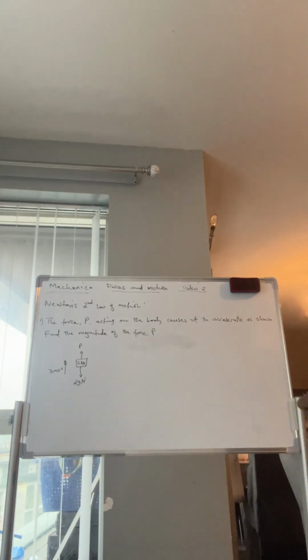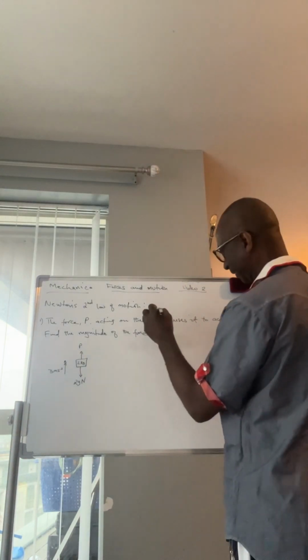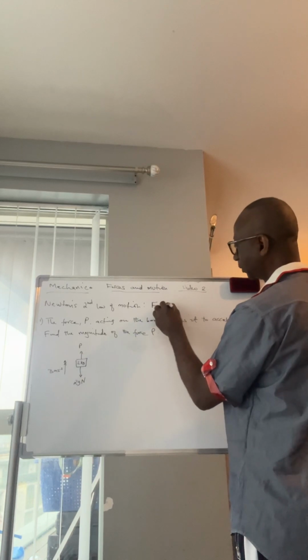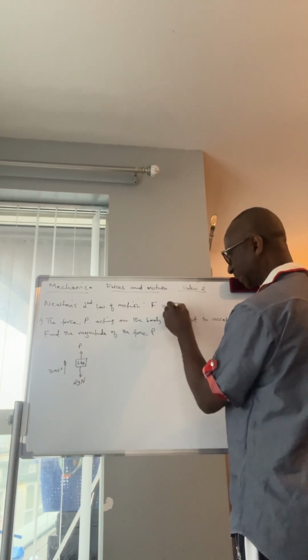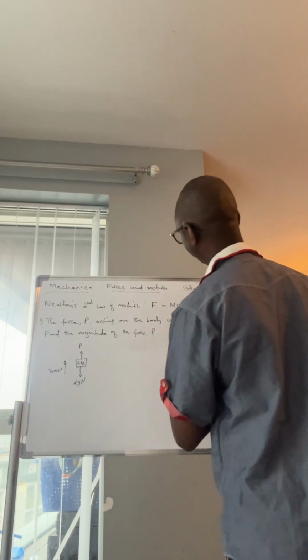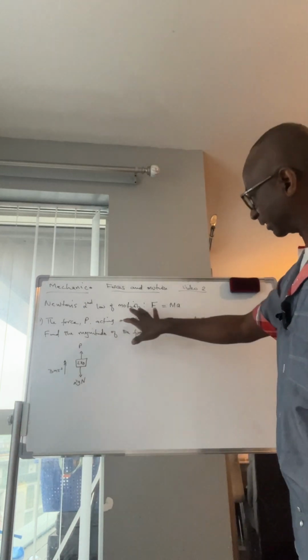That is what the second law says. In other words, the force that is required to accelerate a particle, that force F, is equal to the product of the mass and the acceleration that is being produced. So F equals ma. That is Newton's second law of motion.